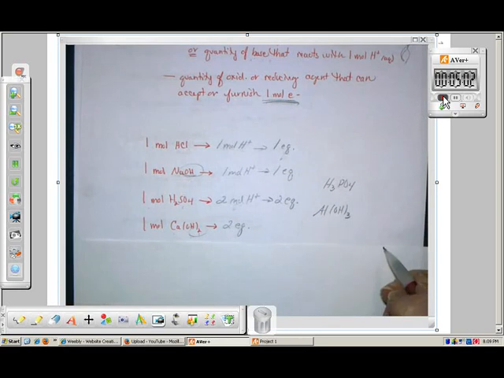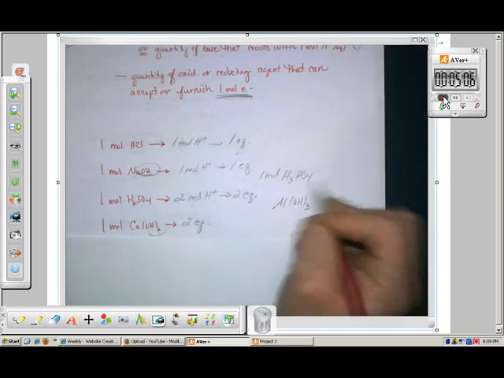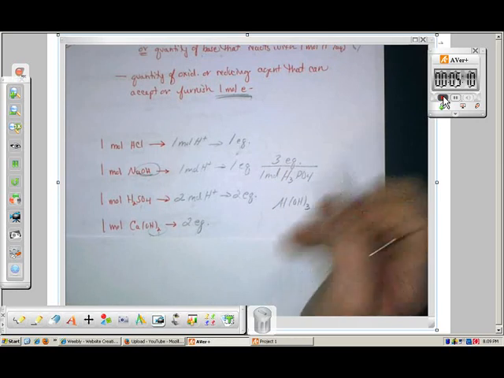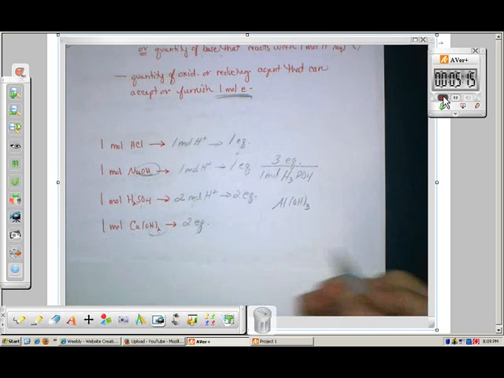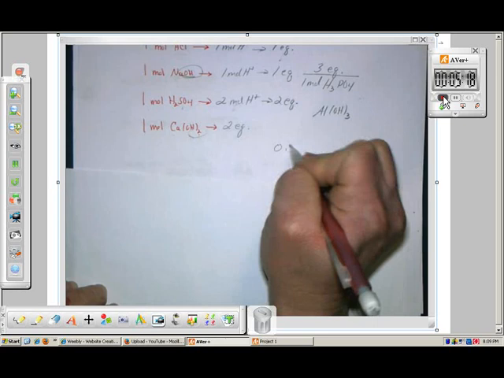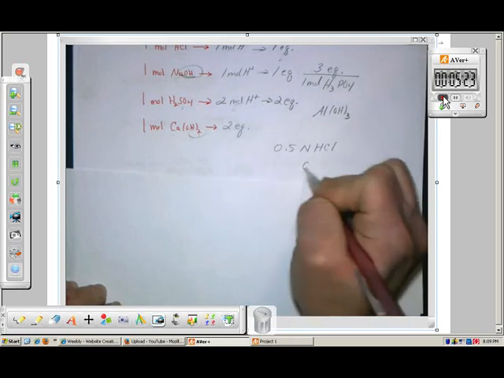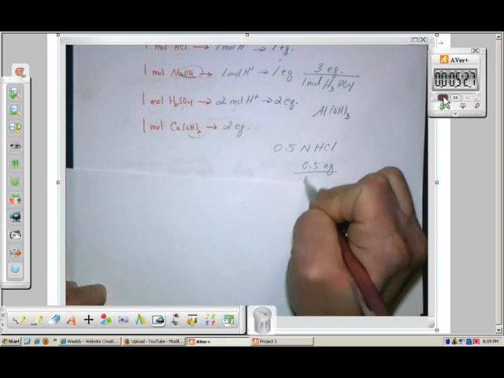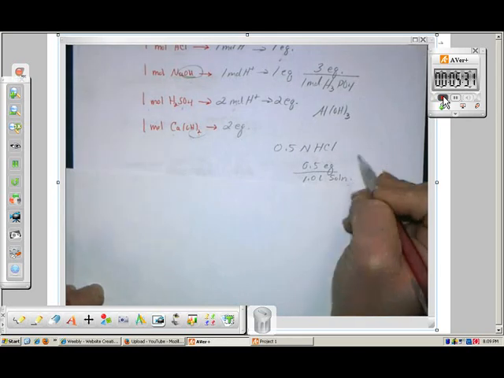So we'll utilize the relationship that 1 mole of phosphoric, for example, is worth 3 equivalents whenever we're doing problems with this. So if we would have a 0.5 normal HCl solution, well, that means we have 0.5 equivalents per liter of solution available. And we'll see this again more specifically when we look at example problems.